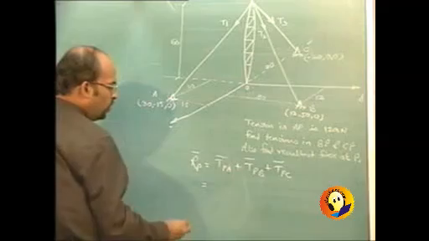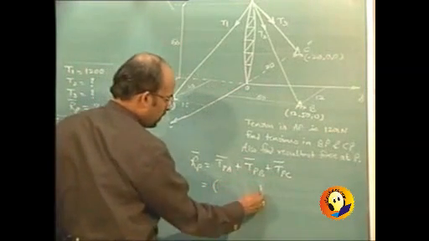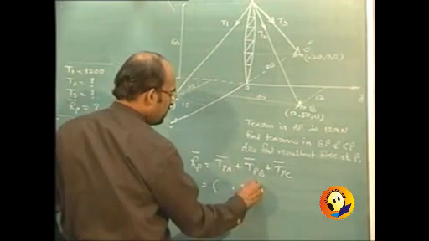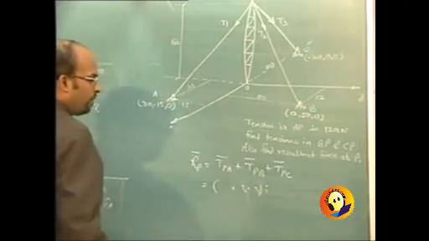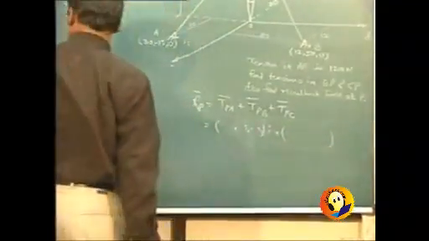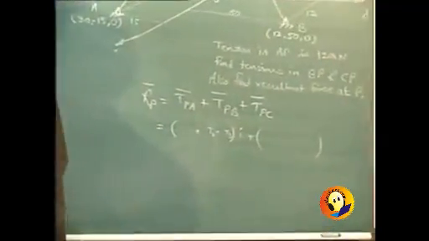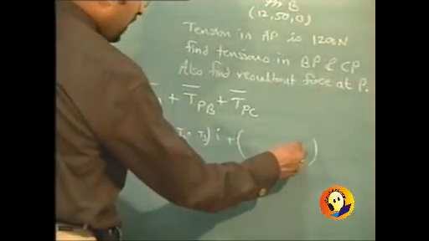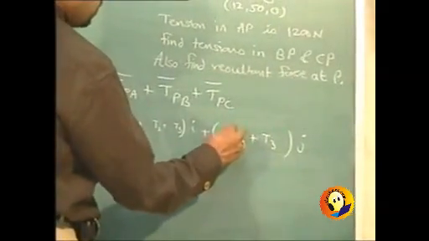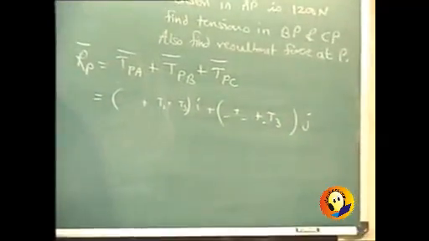And so you will get some equation over here, because there will be some term of T2, there will be some term of T3 i. Then probably TPC doesn't contain J term, so there will be some term of T3 here, J, and some other terms also could be there.